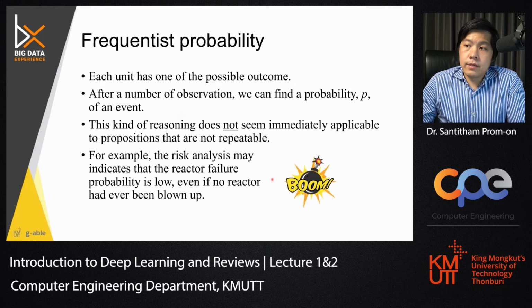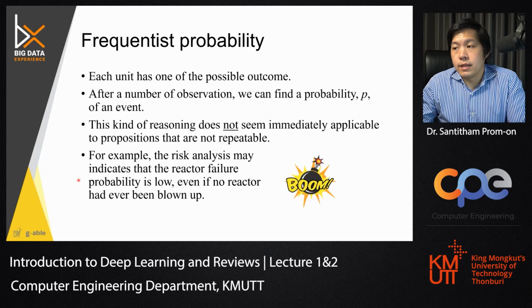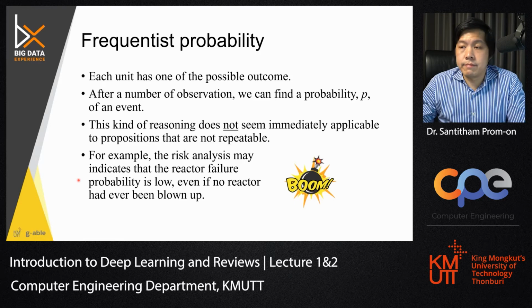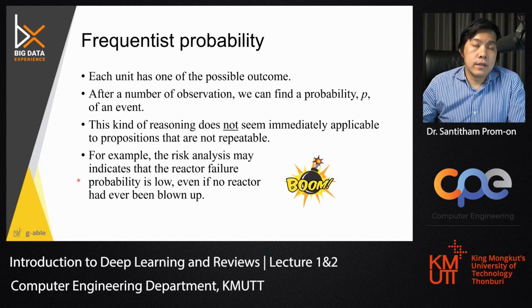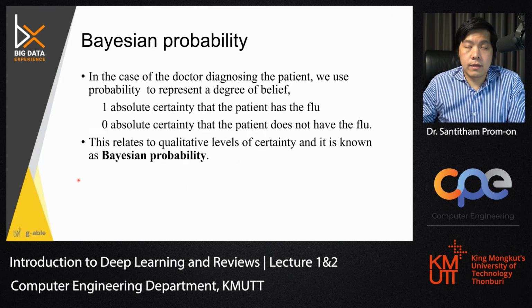But this type of reasoning has limited application, because in some cases you might not be able to observe the event occurring, like in risk analysis or failure analysis. The chance that it happens might be low, so encountering the event might not be practical.